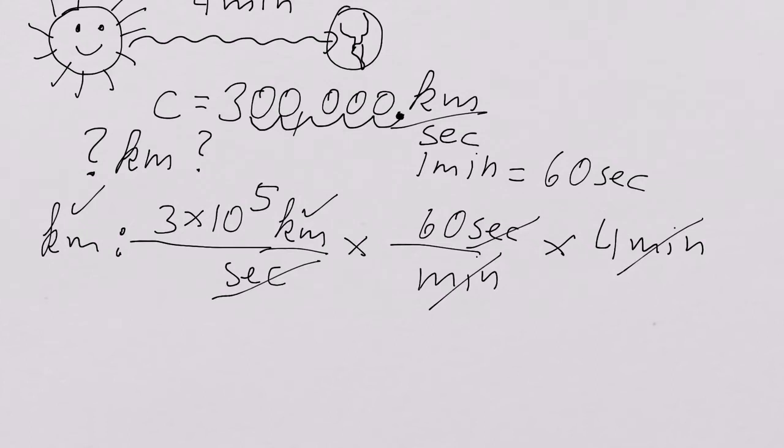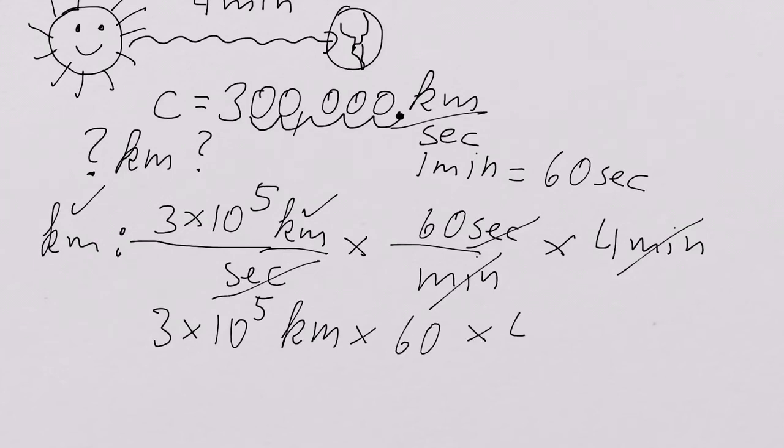So I have 3 times 10 to the 5 kilometers times 60 times 4, equals 7.2 times 10 to the 7.